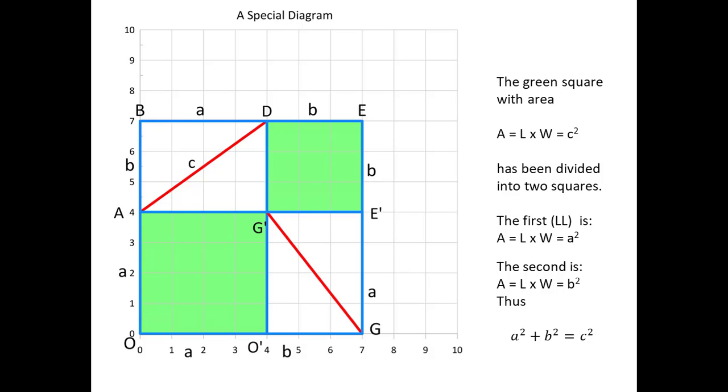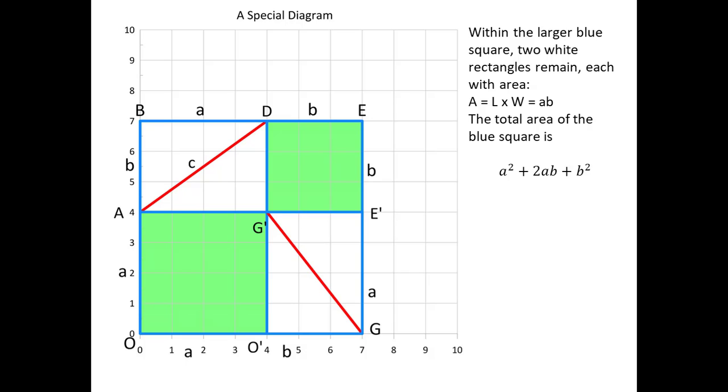Those are isometric translations, they didn't change the dimensions or the angles, so the areas didn't change in shifting those triangles around. So the original green area, c squared, has been divided into two squares of a squared and b squared. That is the proof of Pythagoras' theorem right there visually.